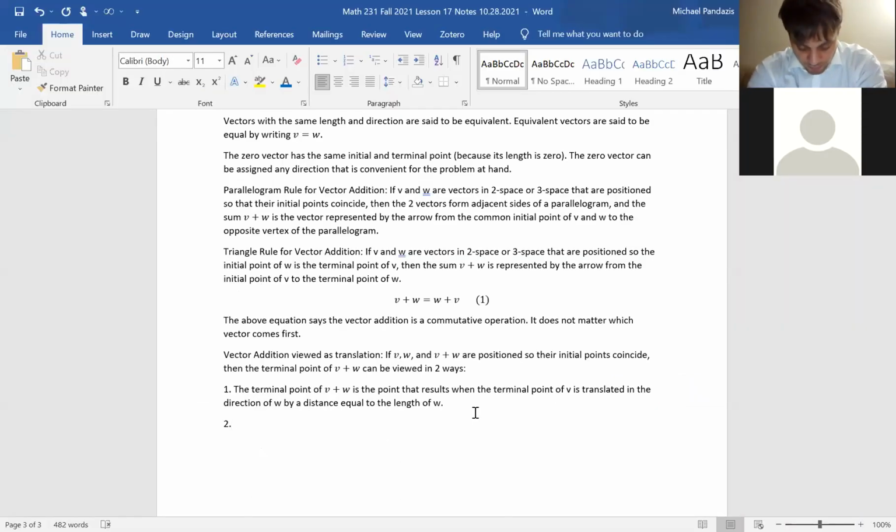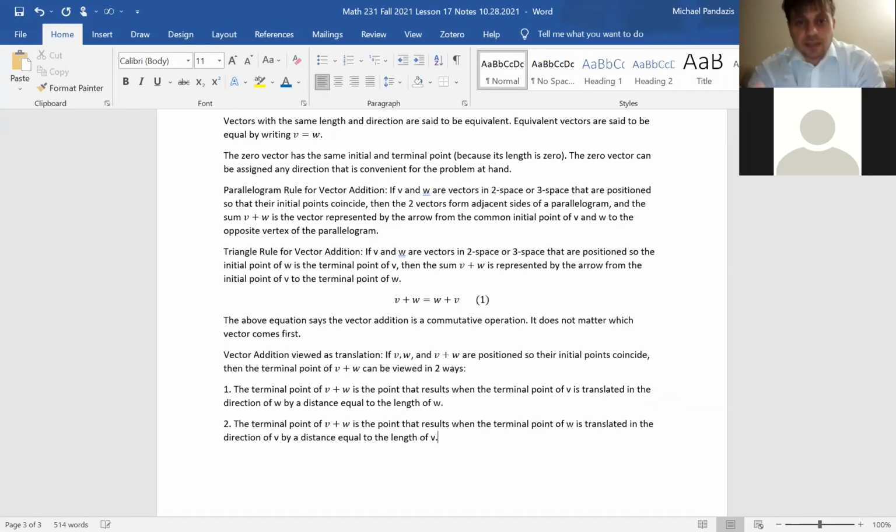The second way to view it is that the terminal point of V plus W is the point that results when the terminal point of W is translated in the direction of V by a distance equal to the length of V.